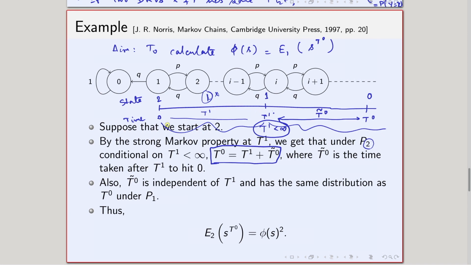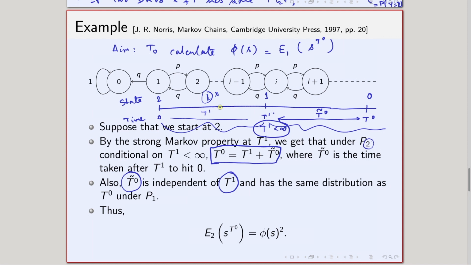And t0 tilde depends only on this part, because t0 tilde is the time starting from 1 to hit 0, and that does not have any effect from here. So, this says that t0 tilde and t1 are independent. Okay. Because t1 is a stopping time.